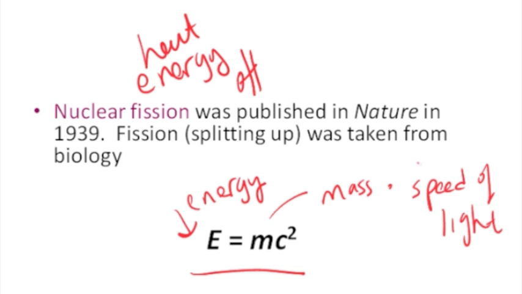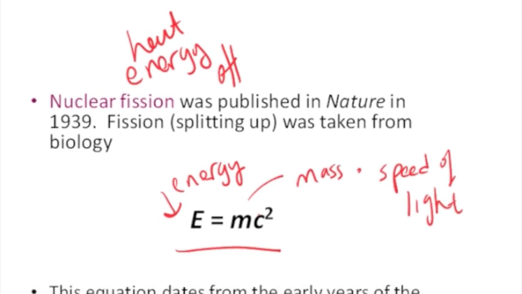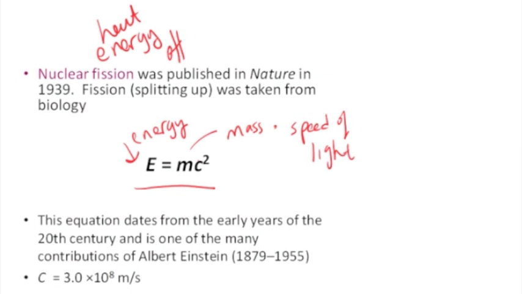And here it's squared. All right, so this is Einstein's famous equation, and he had hypothesized that energy and matter were interconvertible a decade before nuclear fission had been observed.